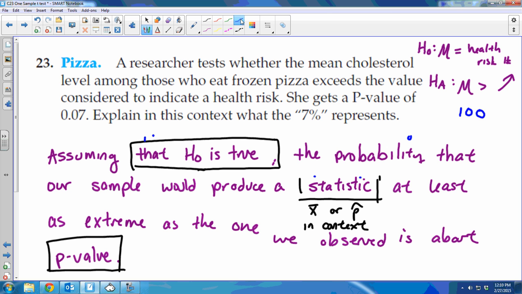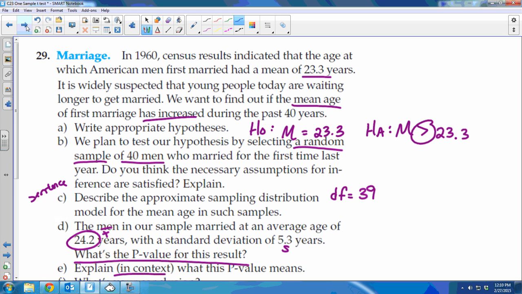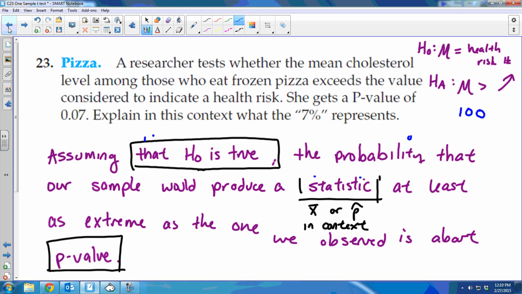So assuming that the null hypothesis is true. Well, our null hypothesis was that the mean age that men first got married was 23.3 years old. The mean male age at first marriage, or however you want to write that, is 23.3.